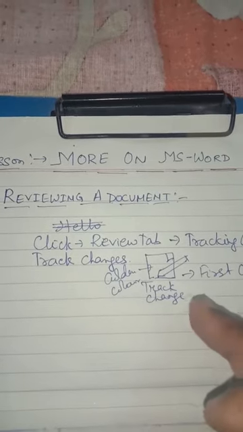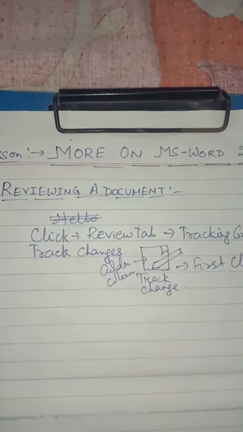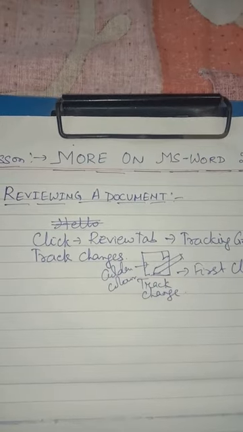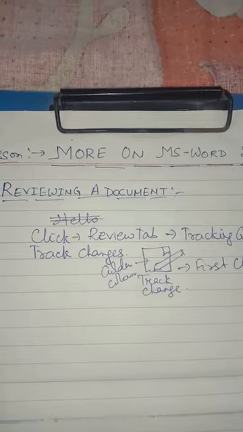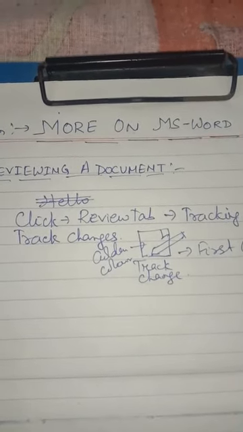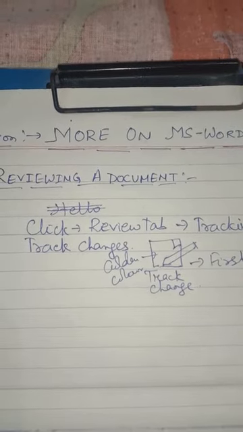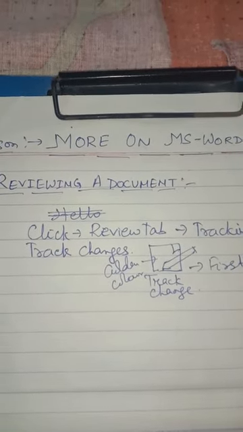Once the button is on, any changes that we make to our document will be shown with the help of colored markup. The different changes that can be shown are deleting text, inserting a word in a document, or other options.